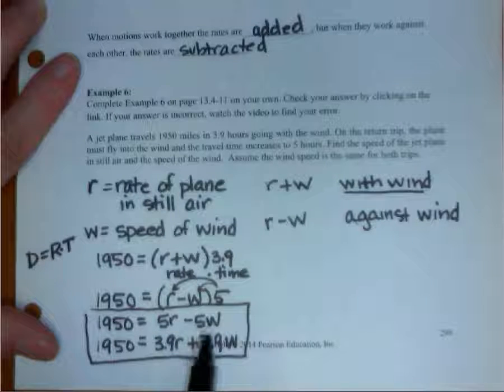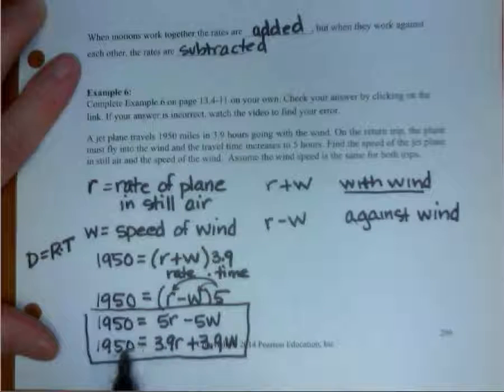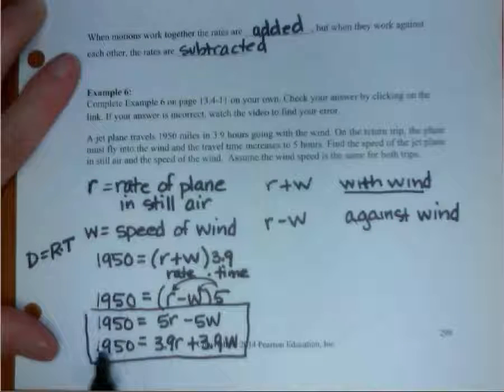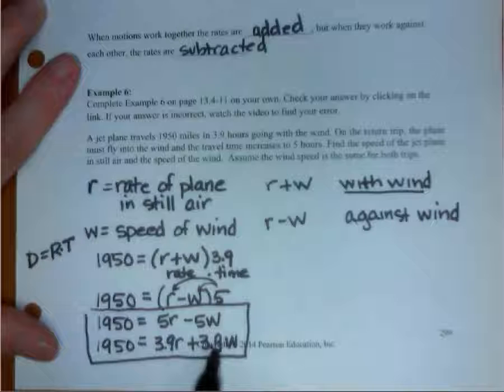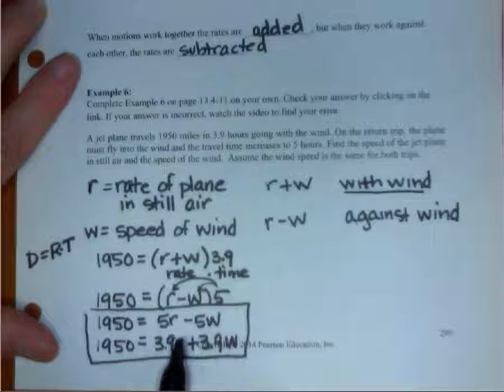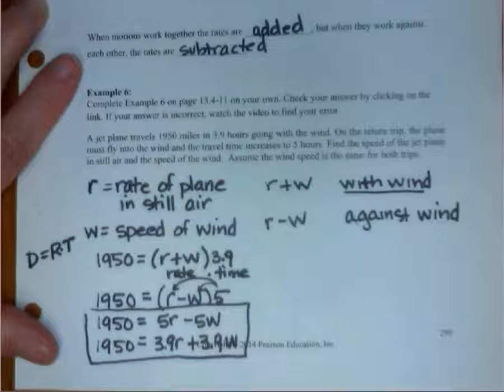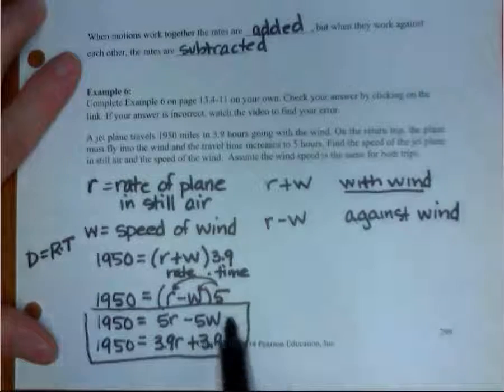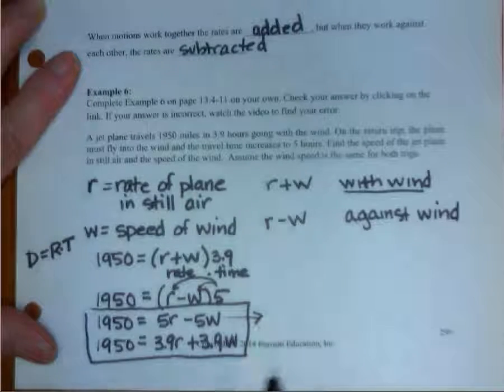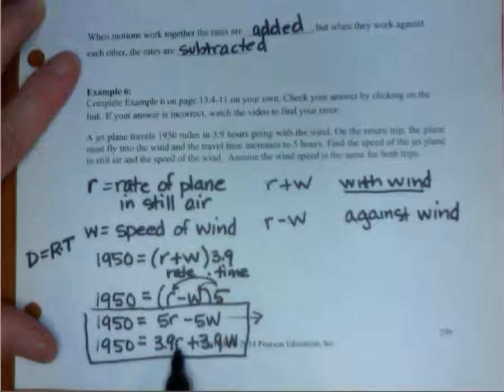I think elimination will be hard because these are decimals. So I think what I will do is substitution. So if I solve this for R, I can then substitute that into this other equation.